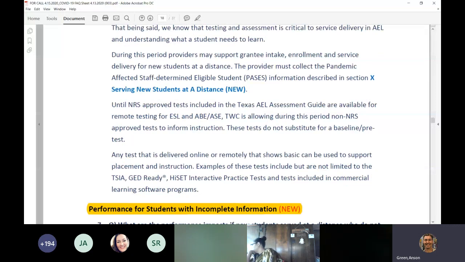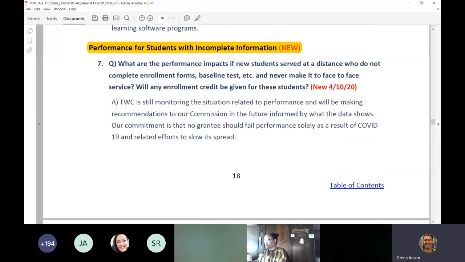And we want to make sure that as you serve students, you are doing some sort of assessment on them using some of these other tools. But until an NRS approved test becomes available, we can't use any of these tests to substitute for a baseline or a pretest. And we've given some examples of those.